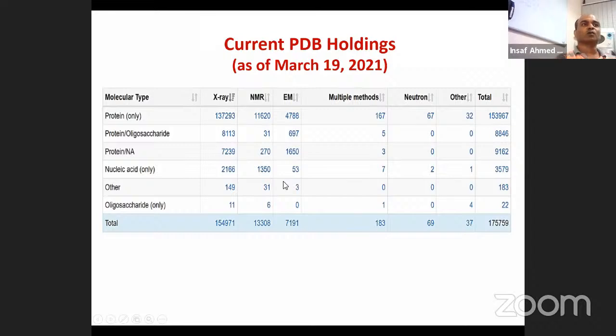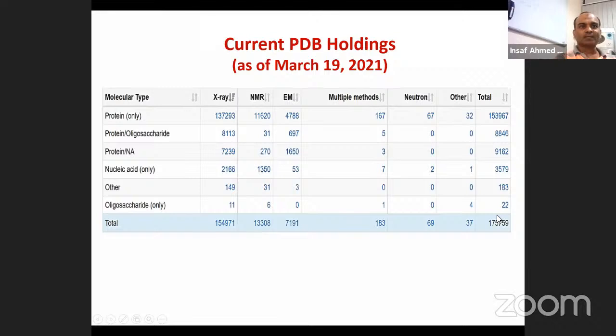Yesterday night around 12 o'clock I made this table for all of you. If you see here, X-ray, NMR and EM. And if you see the total number, it is 1,75,759. In the case of protein, almost 1,53,000 structures have protein, so almost 90% of structures belong to protein.